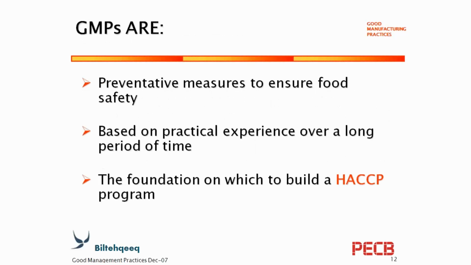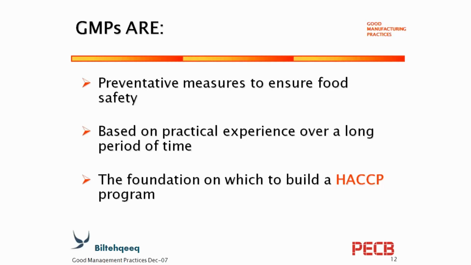GMP is basically the preventive measure to ensure food safety. It is a system, or a way, to avoid any non-conformance or any contamination in your food management system. And these GMPs are developed from the experience of a long period of time.